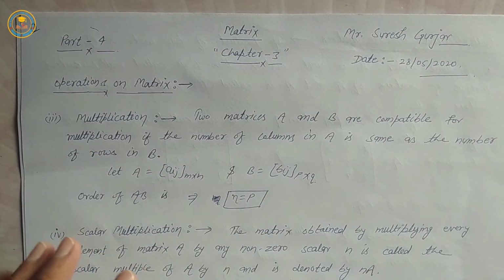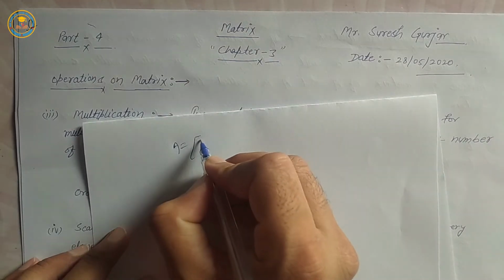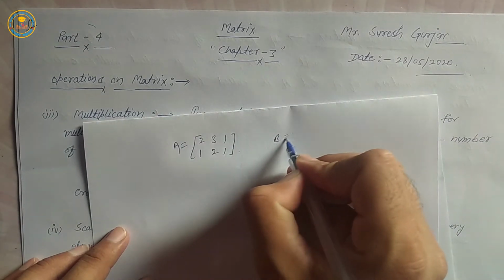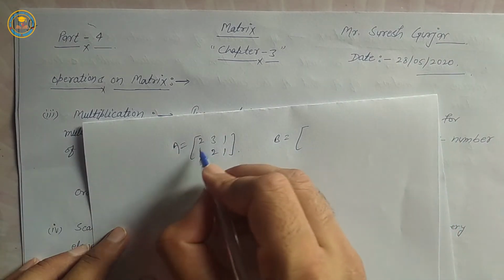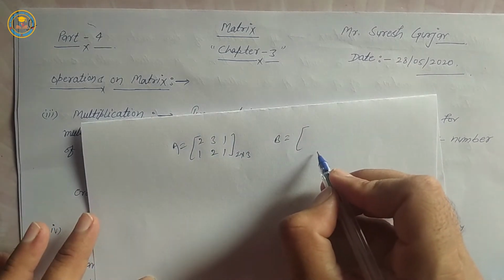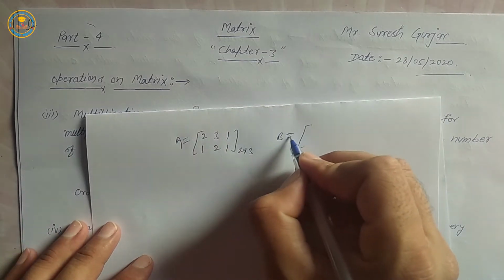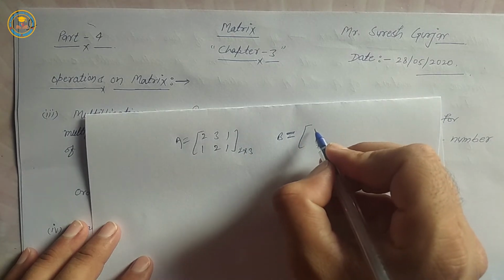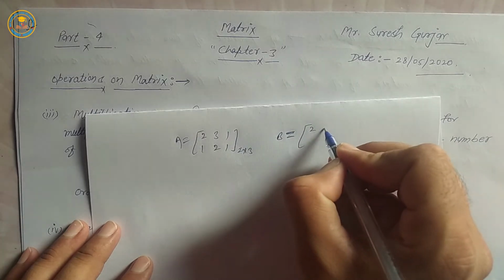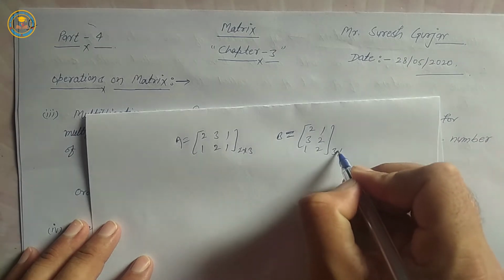For example, matrix A is 2, 3, 1, 1, 2, 1, with order 2 by 3, and matrix B is 2, 1, 3, 2, 1, 2, with order 3 by 2.